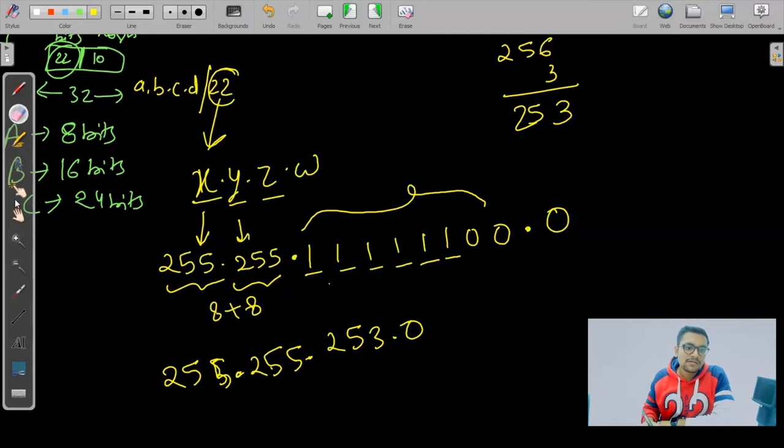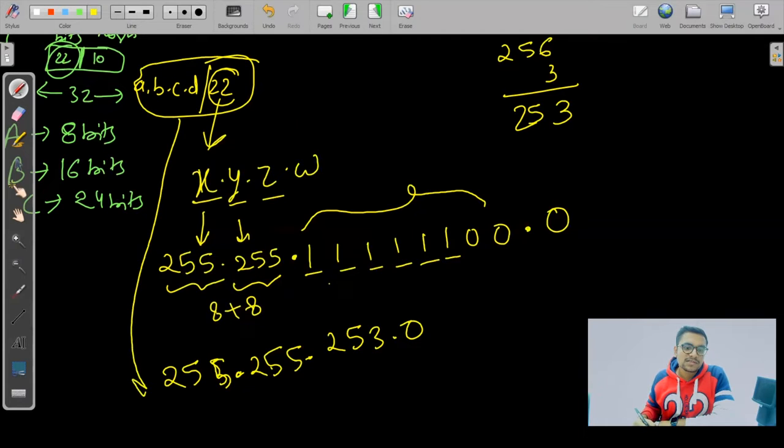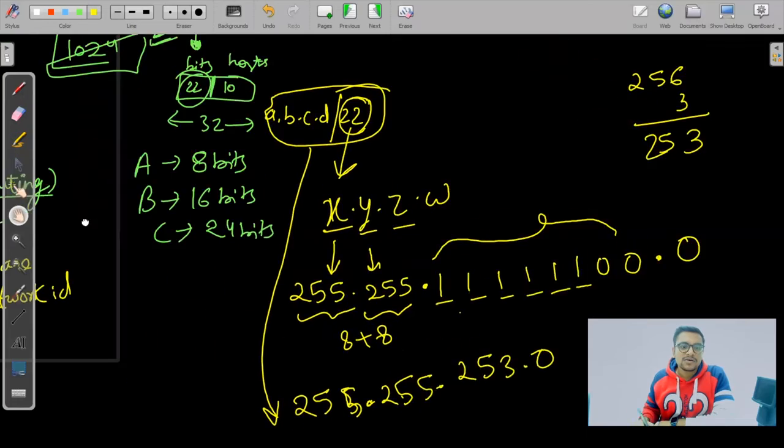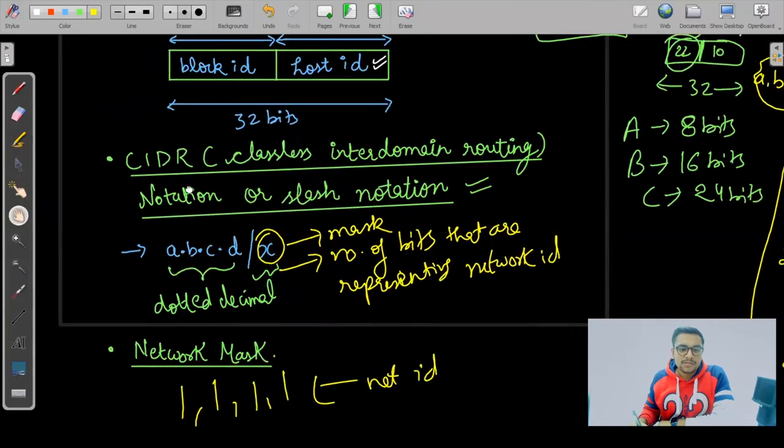So this will be the network mask corresponding to this particular IP, in which 22 bits are being used for the network part. Okay, so that is the case of the default mask or network mask.